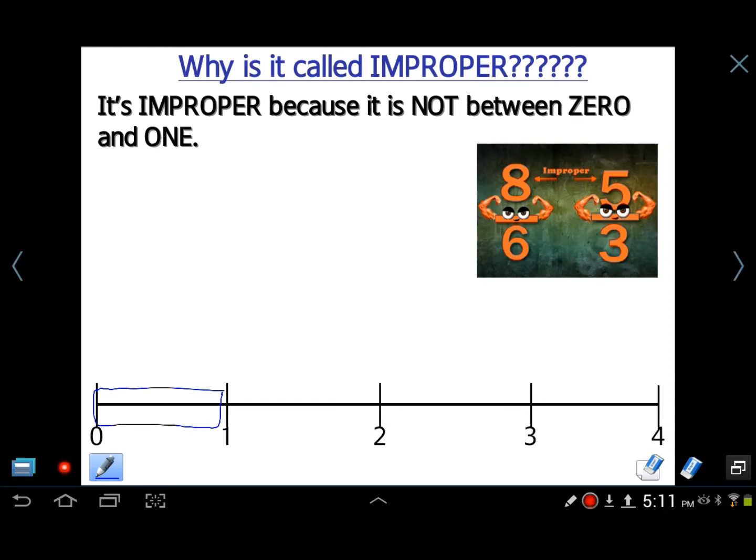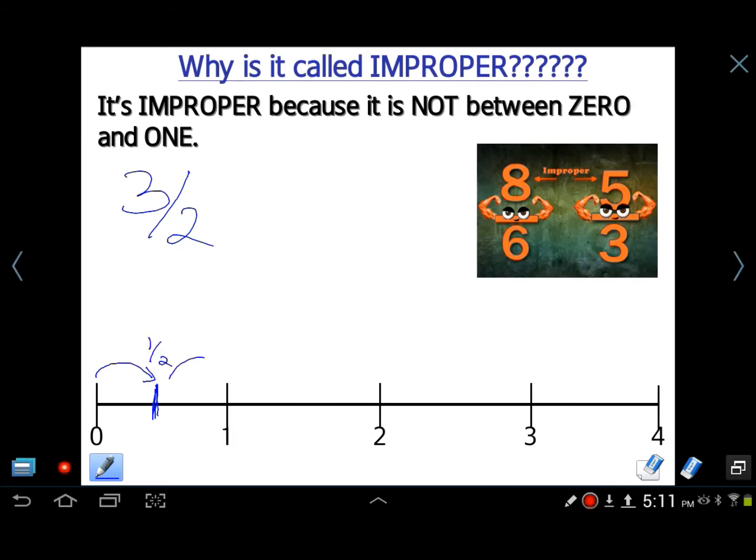0 and 1. So improper fractions, if you have something really simple like 3/2, well, 3/2 means three halves. So a half looks like this. There's 1/2.